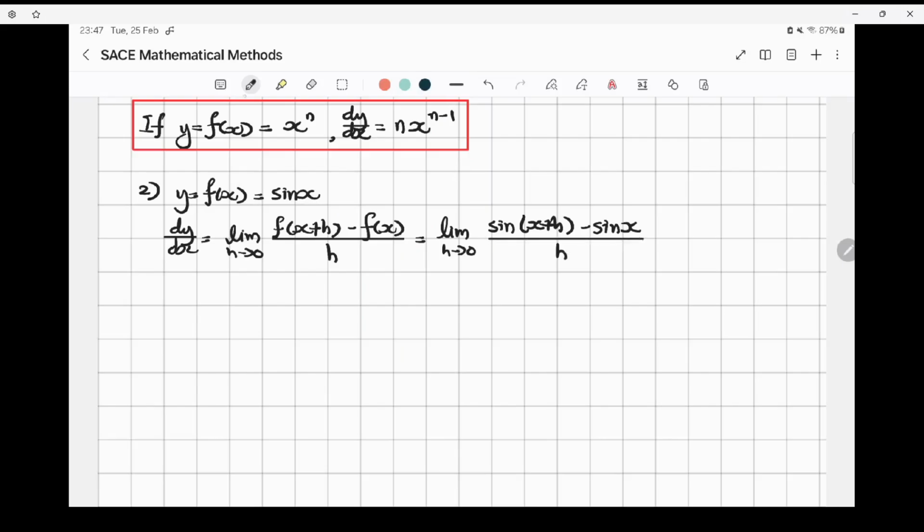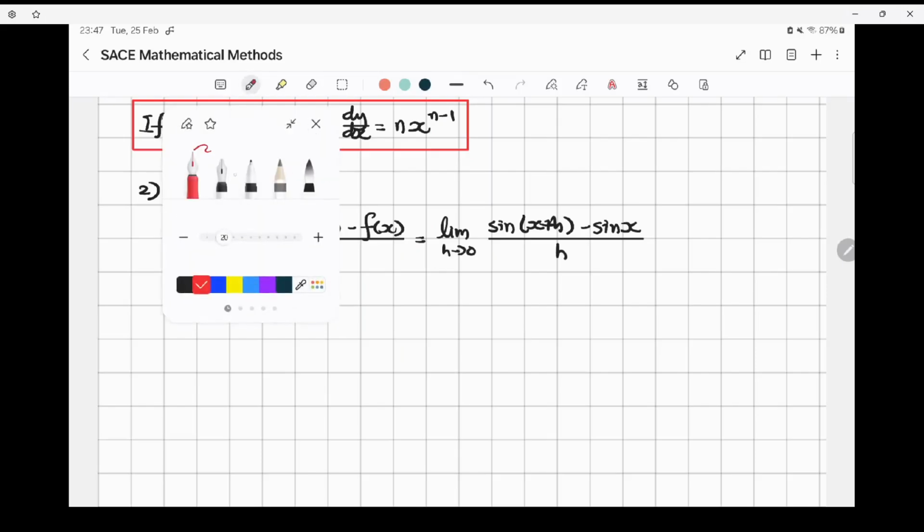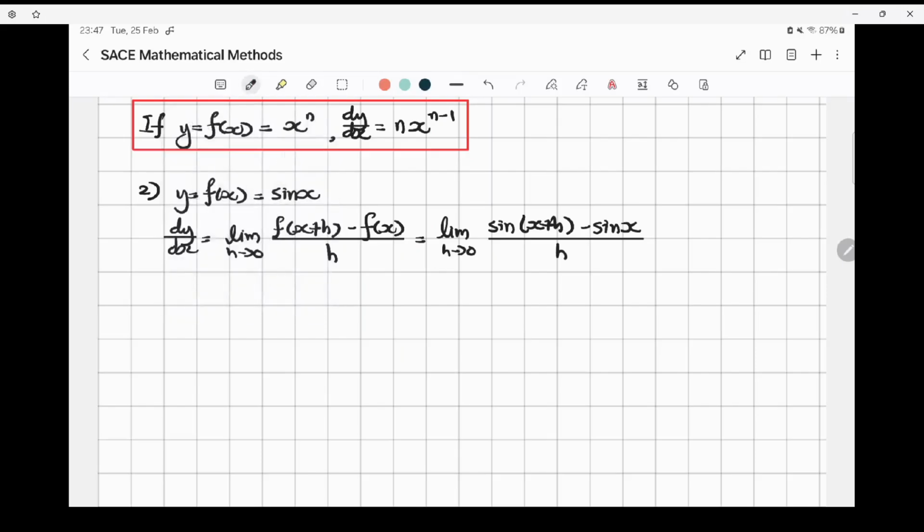At this point, you actually need to use one identity, which is the addition of angles. There is this formula: sine(A plus B) equals sine A cos B plus sine B cos A.